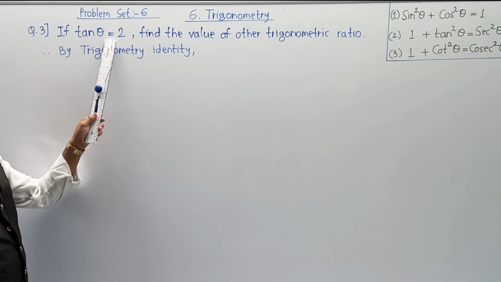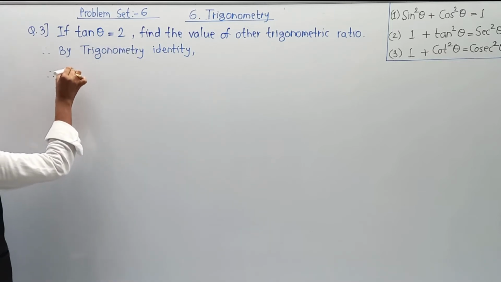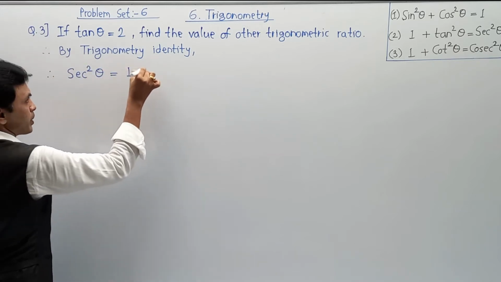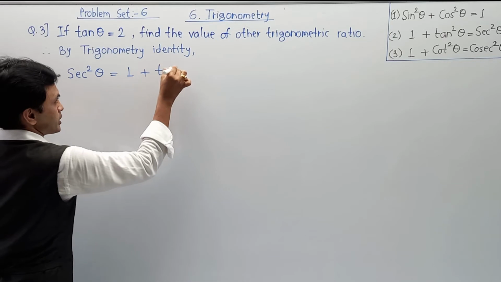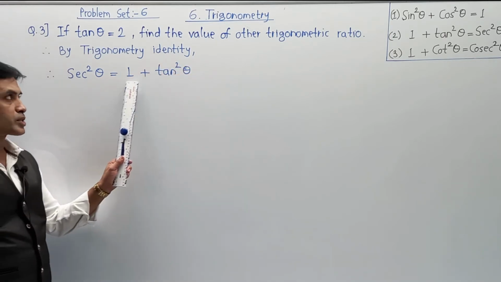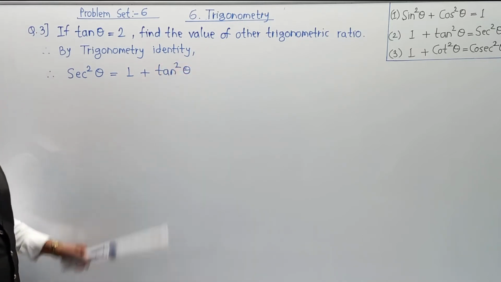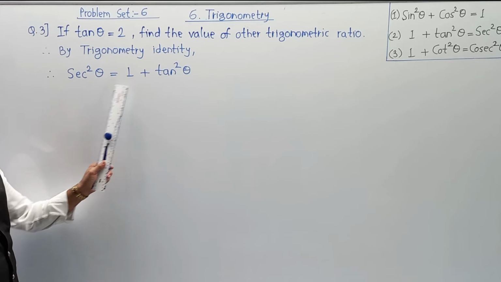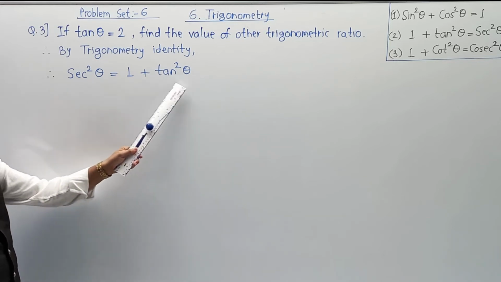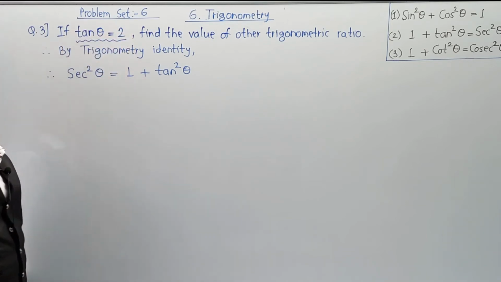But as tan theta is with us, I am going to write that part as sec square theta is equal to 1 plus tan square theta. Now I have kept this 1 plus tan square theta to this side. The reason behind that, we are interested to find the value of sec, and we already know the value of tan theta. They have given tan theta in the question, that tan theta is 2.